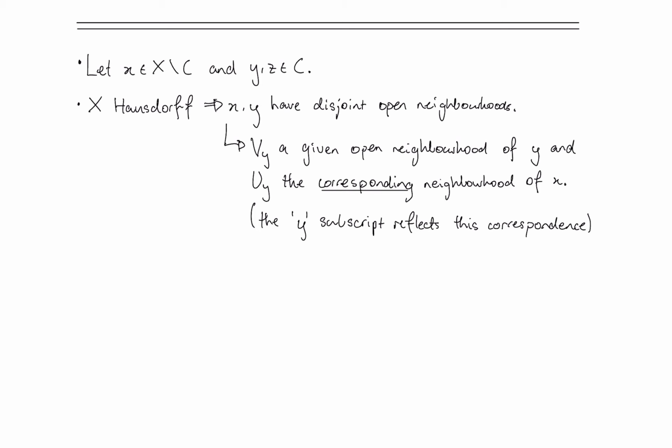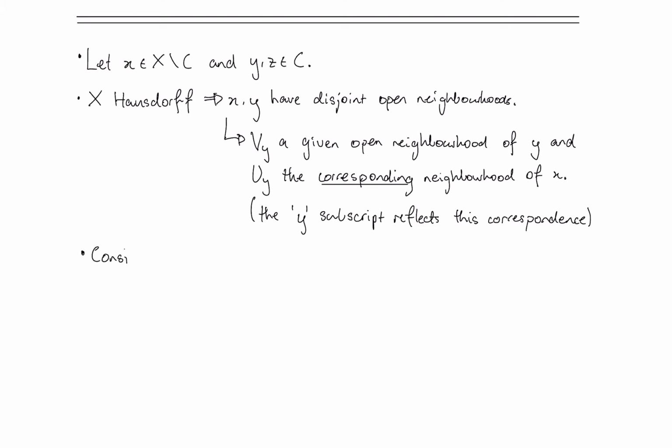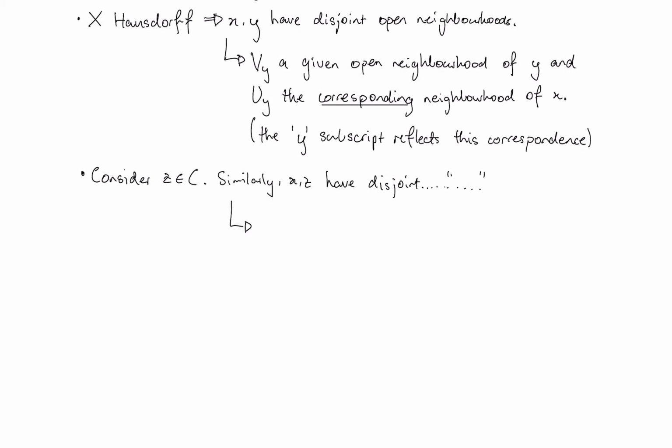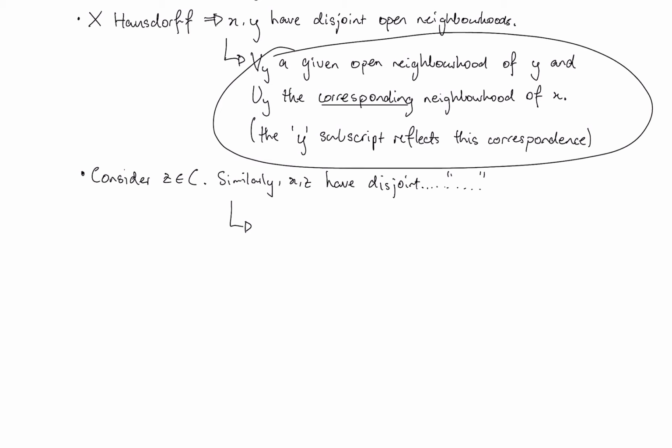Consider Z in the subset. Similarly, X and Z have disjoint open neighborhoods, and the same thing happens here with this statement.